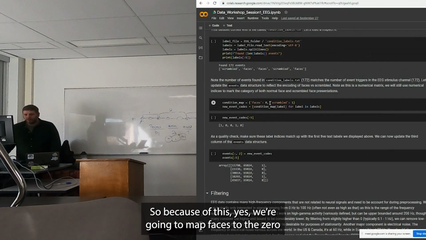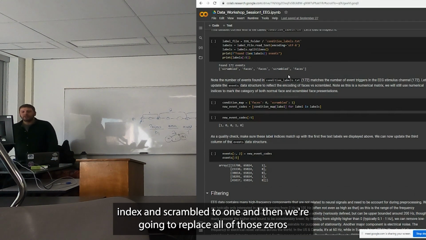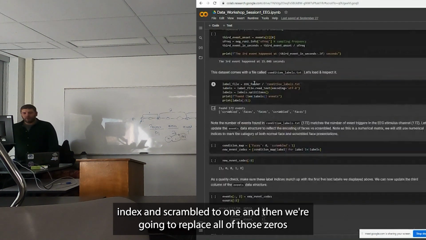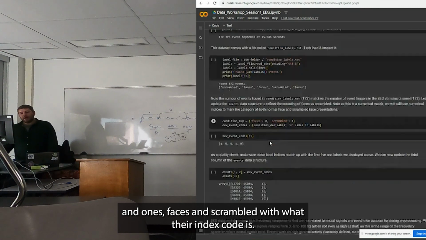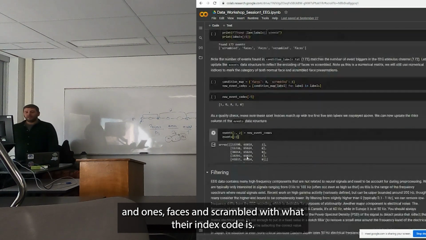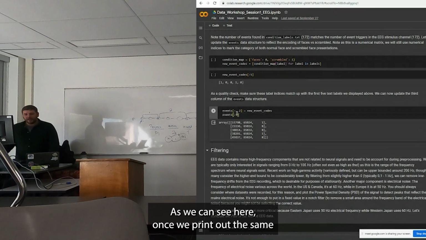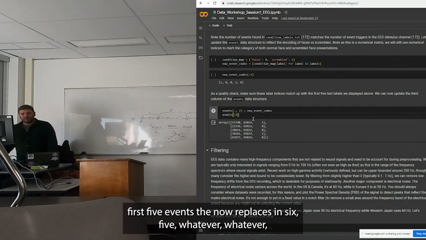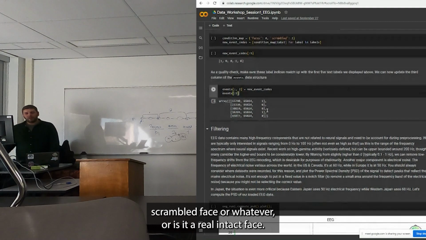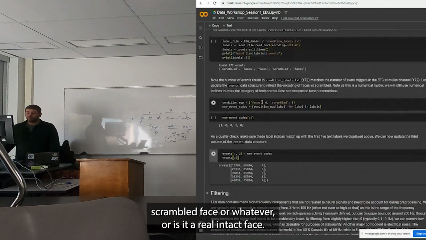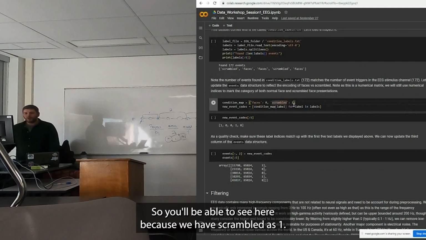Because of this, we're going to map faces to 0 and scramble to 1, and then replace all of those faces and scrambles with the index code. And we can see here, once we print out the same first 5 events, we've now replaced them, and now we have a binary code to say scrambled face or real face.